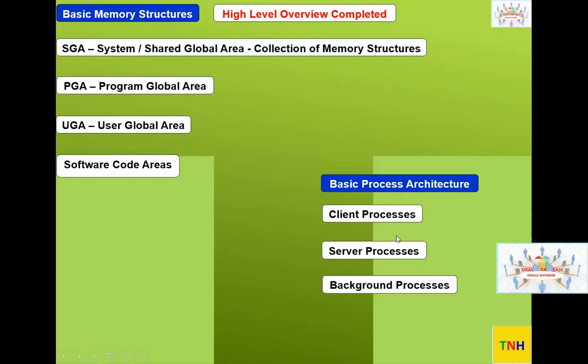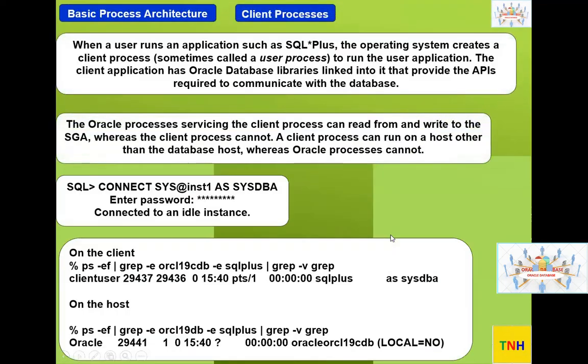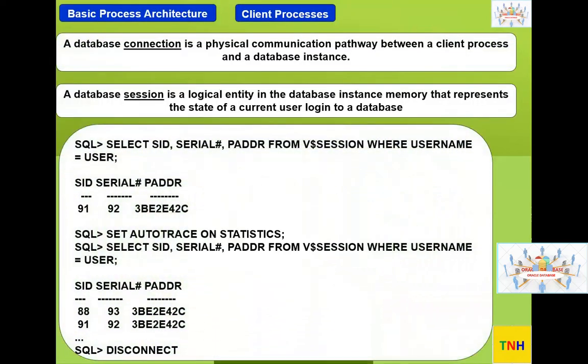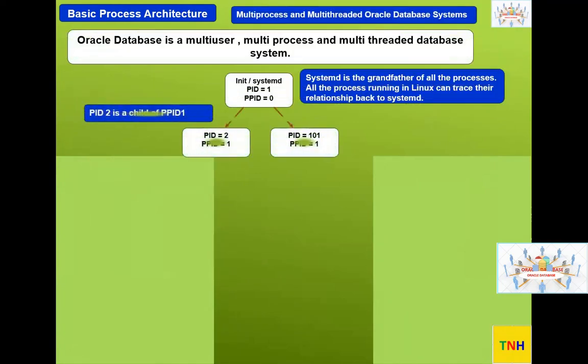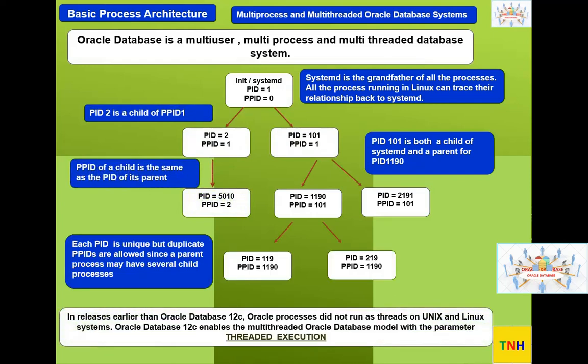The basic process architecture we have also discussed. So the client process, server process, you may remember we did practicals in detail, process IDs and all, on the server side and the OS side. Just to recap very quickly, finally we discussed the threaded execution parameter.